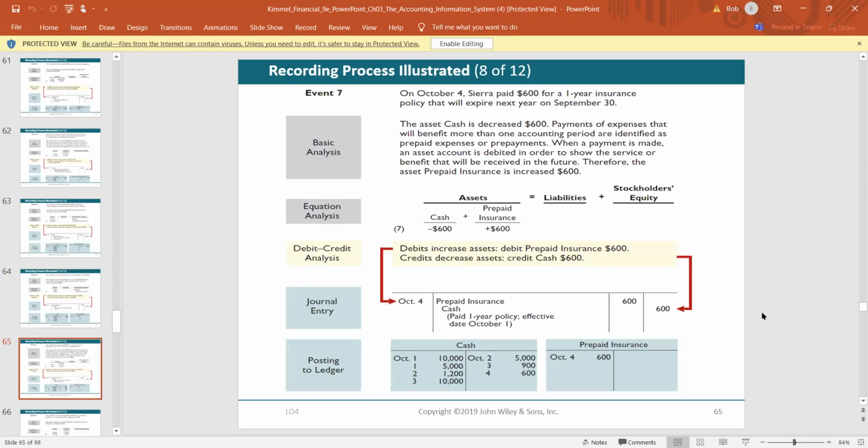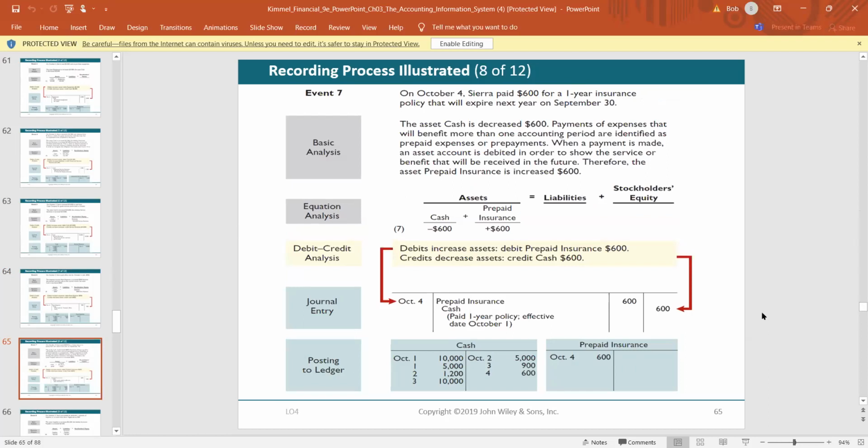Sierra paid $600 for a policy that's expiring in the future. When you buy an insurance policy, by definition, I'll say it again, you're purchasing an asset, because the day you buy the policy, you're not covered. It's only when the policy goes into effect.